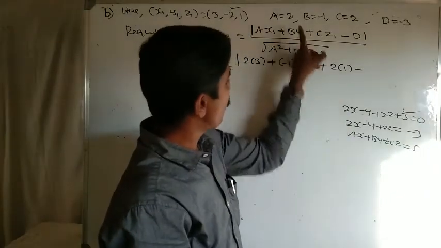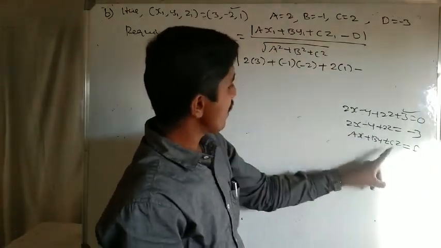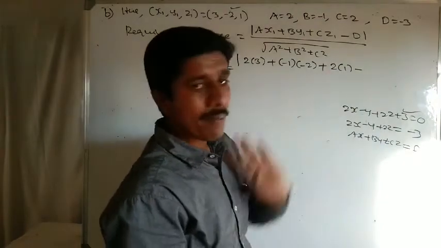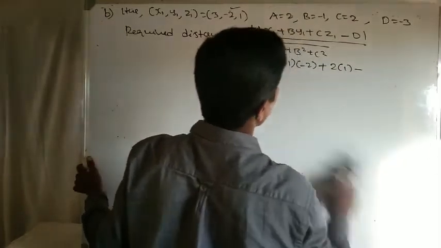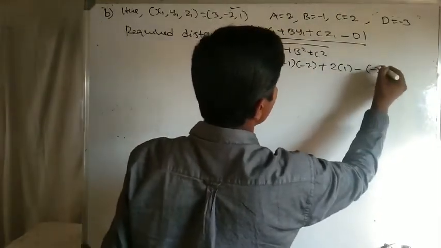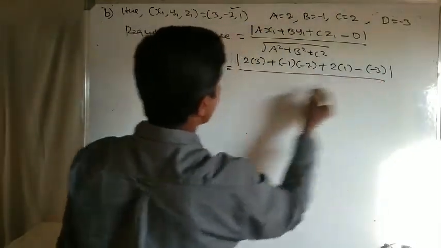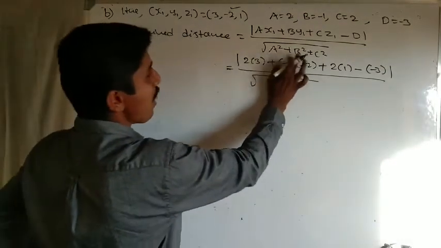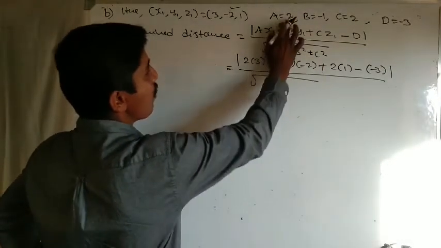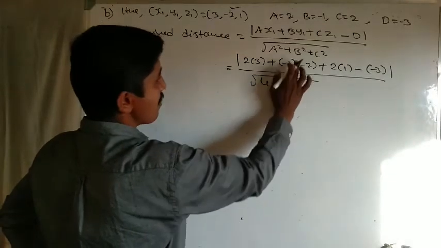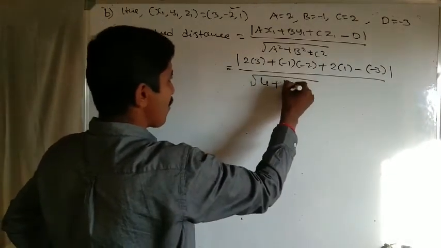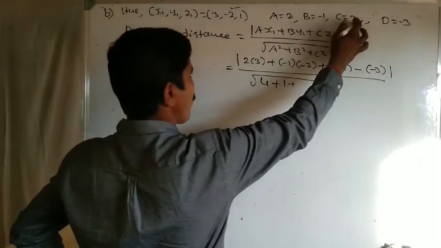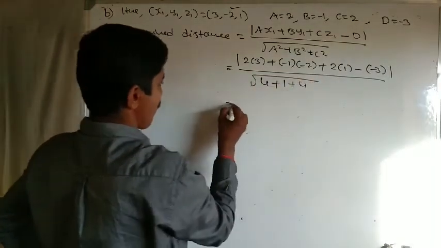A is equal to 2, B is equal to minus 1, C is equal to 2, D value minus 3. Square root of A square plus B square plus C square: A equal to 2 square 4, plus B is equal to minus 1 whole square 1, plus C is equal to 2 square means 4.